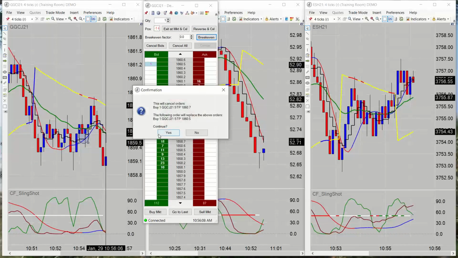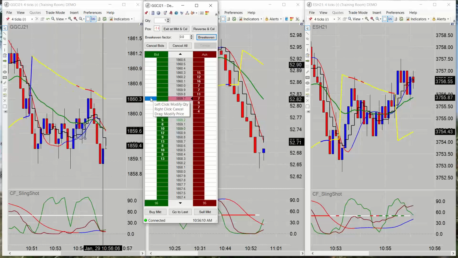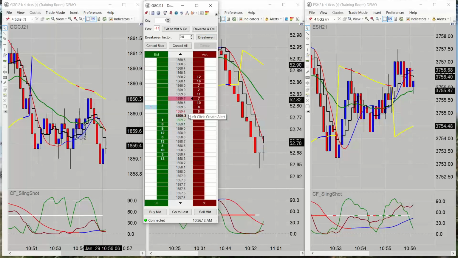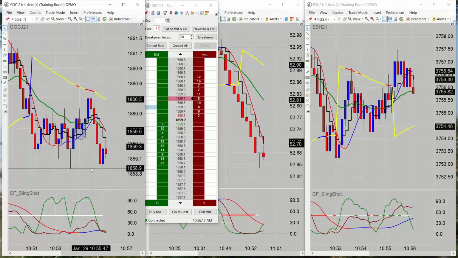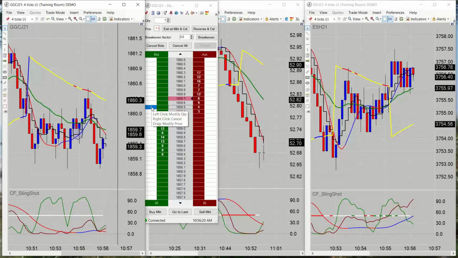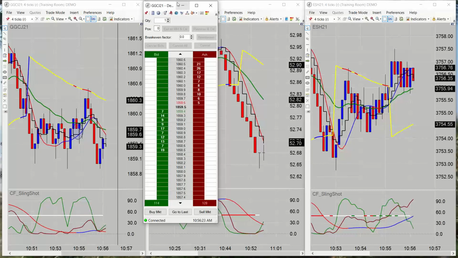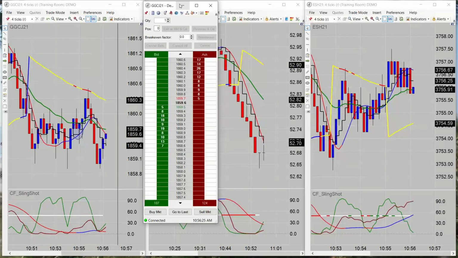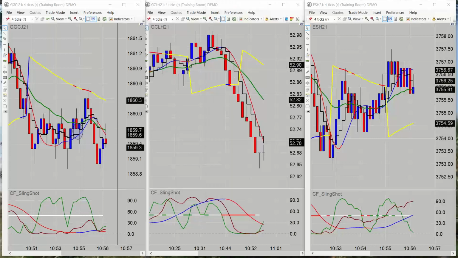Move my stop to break even. Going to lock in a couple of ticks because while I was moving, I didn't have the opportunity to do so. All right. And so out with a couple of ticks.